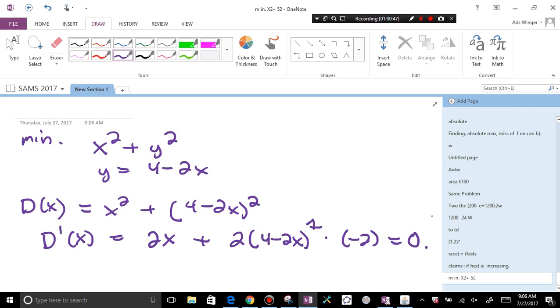We could have just squared D out completely and then done it, but we have the chain rule. Why not use it? That equation for D prime is completely linear.